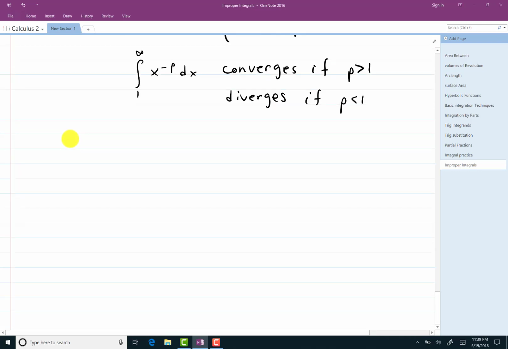Now, however, for p equals 1, we do the integral of 1 over x dx from 1 to infinity, and that of course is the natural logarithm. I don't have to put the absolute value because 1 to infinity is a positive domain.